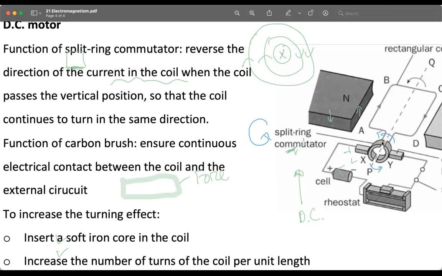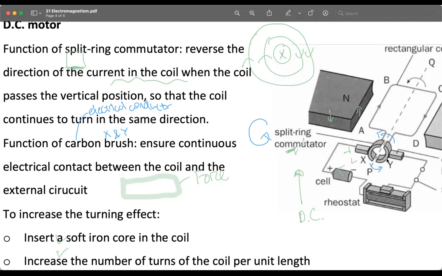So what happens is this, okay? This thing, X and Y, is like a carbon brush. It means that your wire touches this carbon. Carbon is actually an electrical conductor. Even though it's a non-metal, carbon is an electrical conductor.